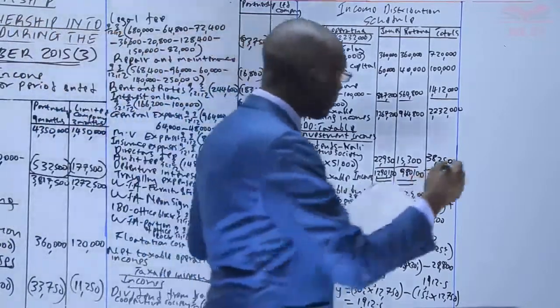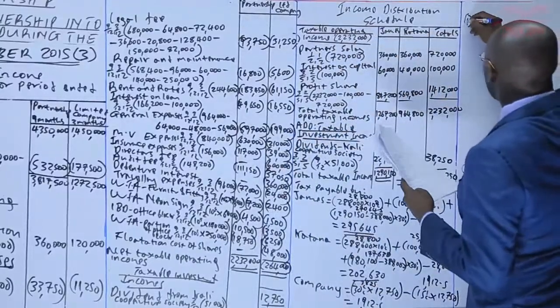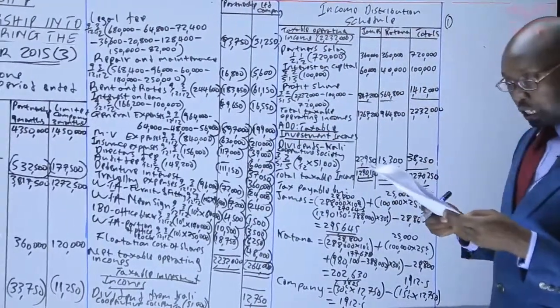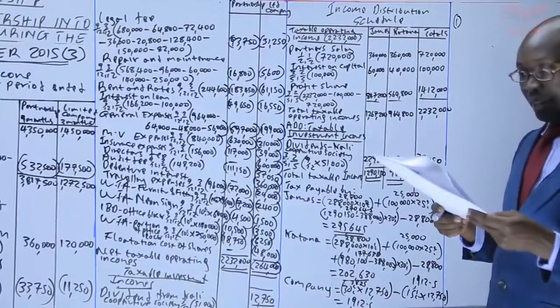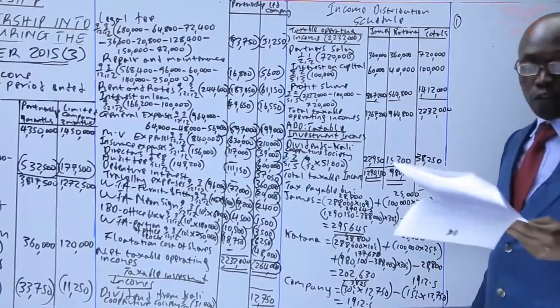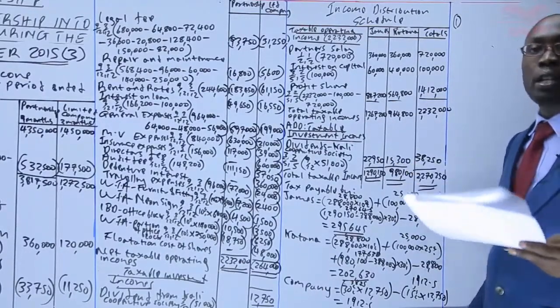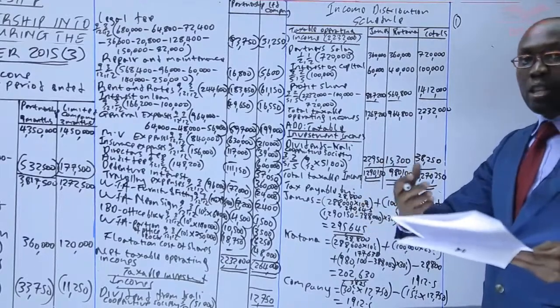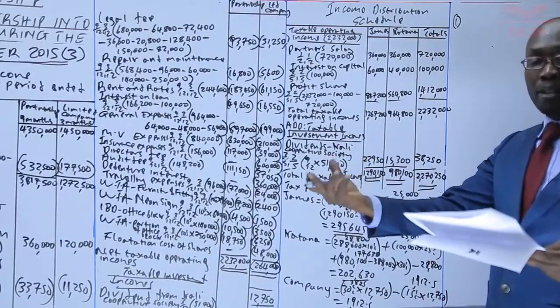One of them: we saw in additional information number 6 that there was a flotation cost. Flotation cost is usually the cost of issuing shares. So they issued the shares to the public.